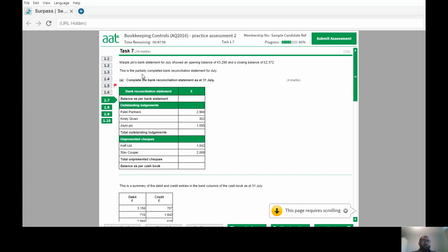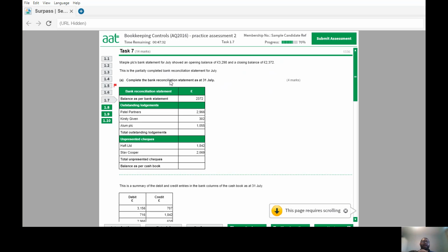If you want to do a bank reconciliation, you normally use the closing balance of your bank statement. So the closing balance is £2,372. The opening balance is there to confuse you. You have to use your closing balance, because this is how you know all the transactions are done already.